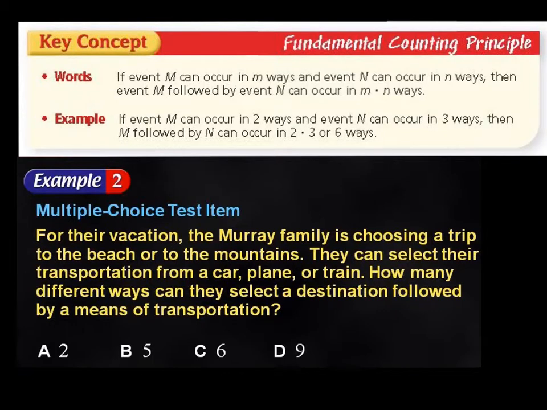For their vacation, the Murray family is choosing a trip to the beach or the mountains. That is 2 choices. They can select their transportation from a car, plane, or train. That is 3 choices. How many different ways can they select a destination followed by a means of transportation? That would be 6.